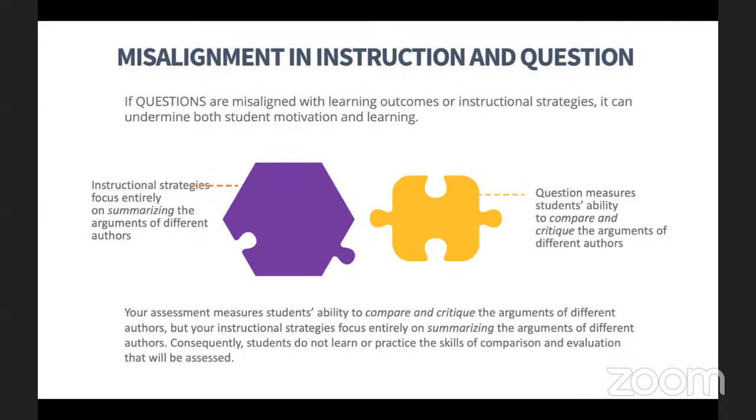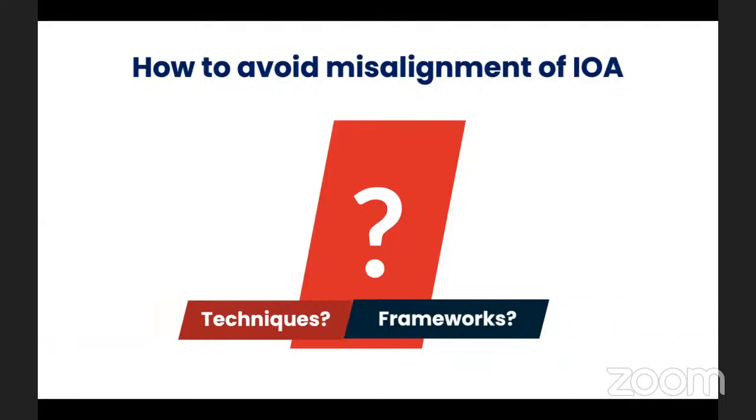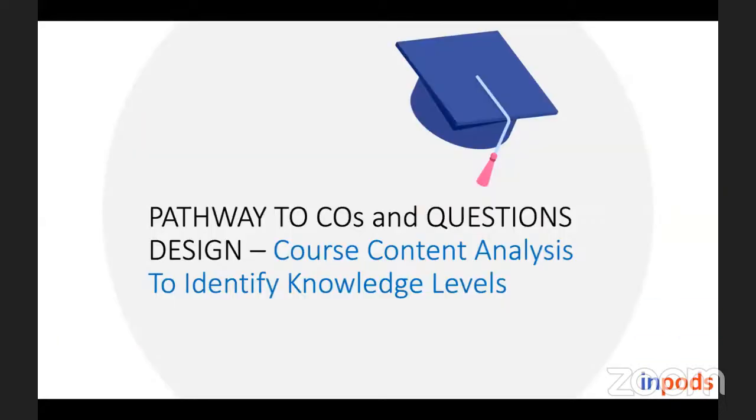So this is something to be considered while implementing outcomes-based learning. The first concept is avoiding the misalignment between the instructions, outcomes, and the assessments. So how do we avoid misalignment of instructions, outcomes, and assessment? Are there any techniques? Are there any frameworks? That is something that we are going to learn in this session.